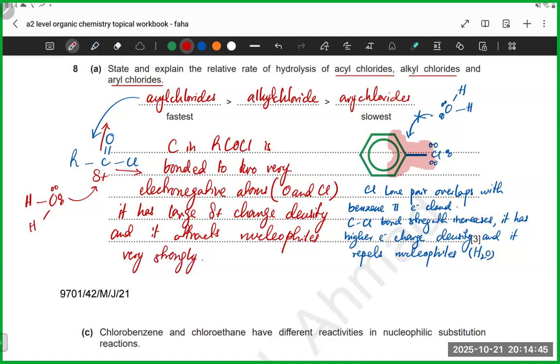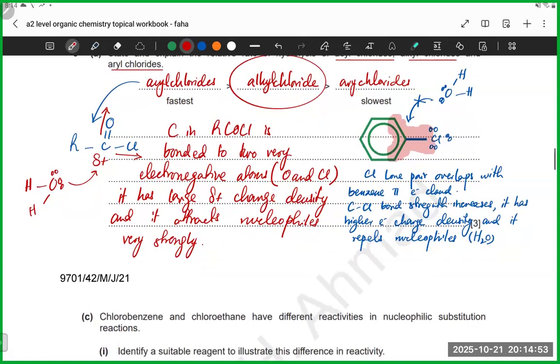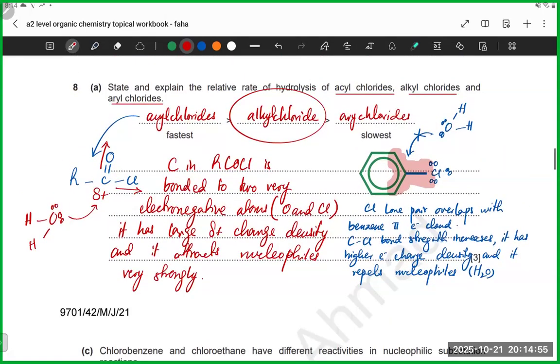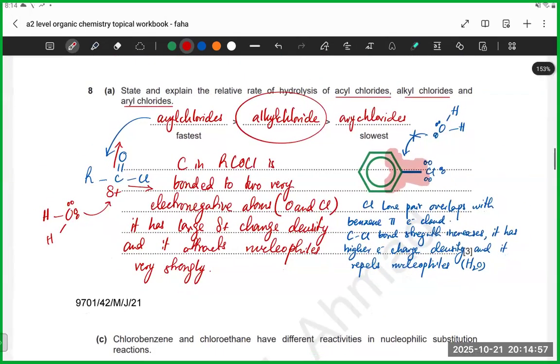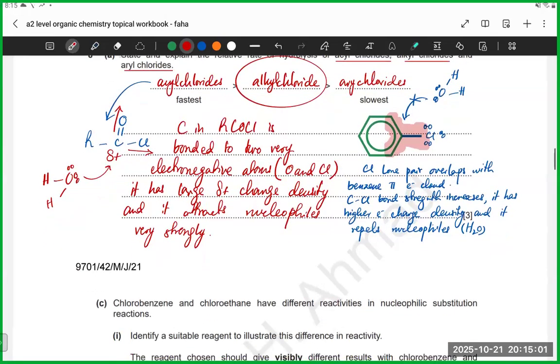Again, remember you always have to explain the extreme cases, not the middle one. There's no point writing for the middle one. Okay, that's your 3 marks. Is this clear? Hala, Minal, Ibrahim, is this clear? Yes, sir. Yes.